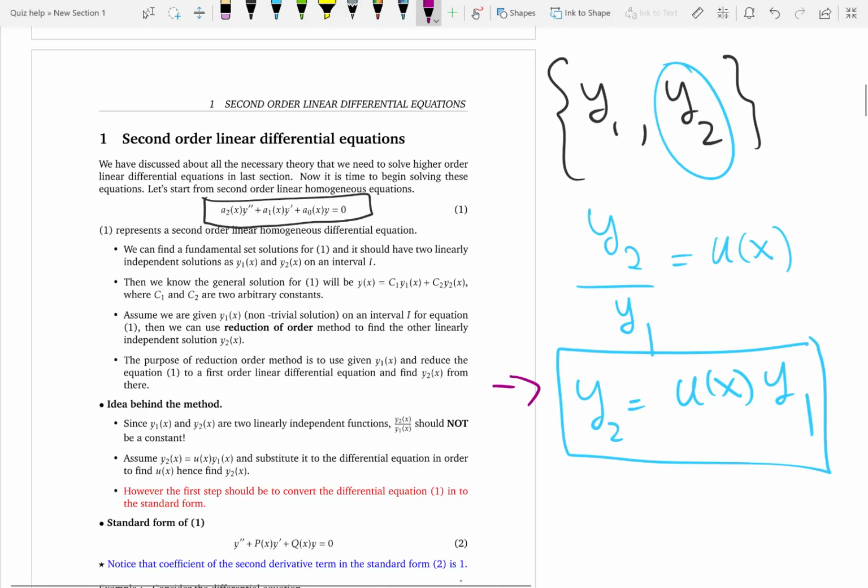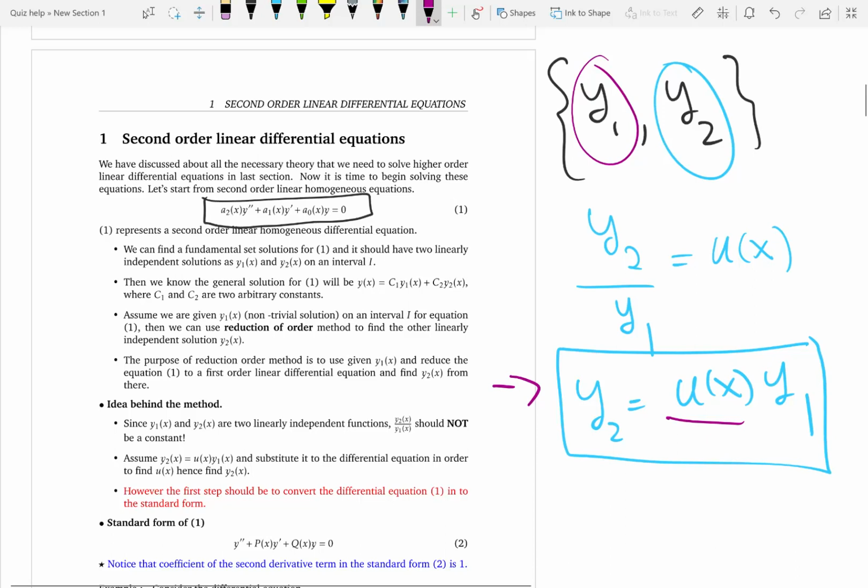That means, what if you know y1? Then can you find y2? Because we know y2 is some unknown function times y1, right? So if we can find u, then I get y2, right? That is the whole goal of the reduction of order method. One goal, one piece.